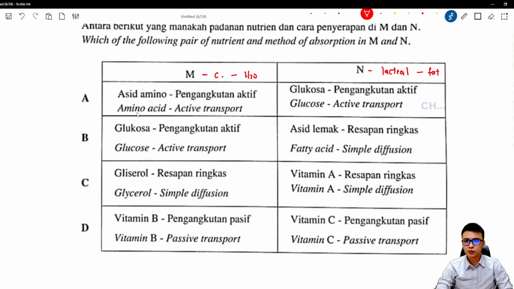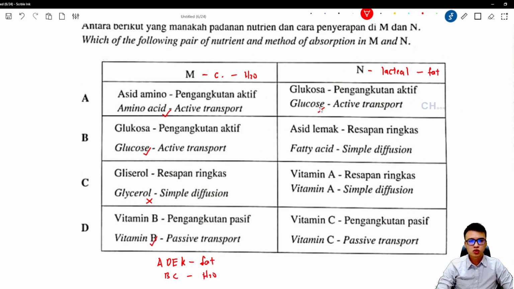We'll start with the M. Amino acid, yes. Glucose, yes. Glycerol, no. Glycerol and fatty acid, so definitely it is not being absorbed into the blood capillary. Vitamin B. Now guys, vitamin A, D, E, K, they are the fat soluble vitamin. B, C, they are the water soluble vitamin. So B is definitely yes. Water. Now let's continue with N.